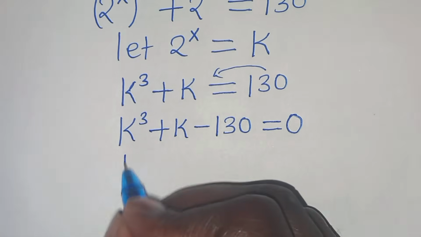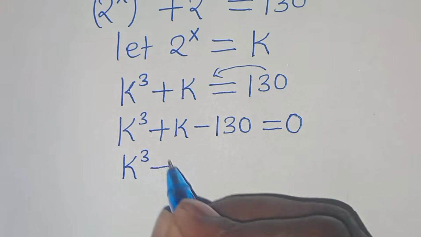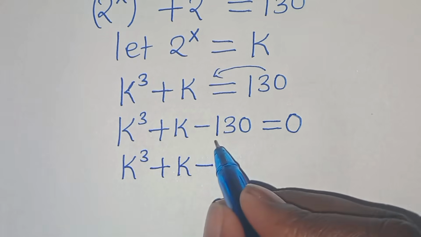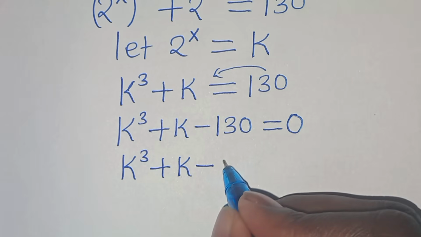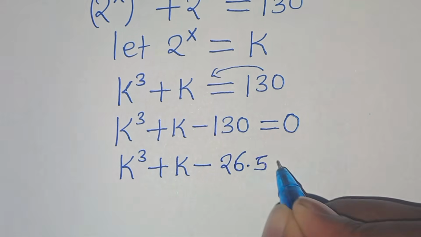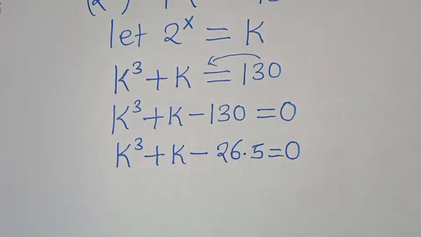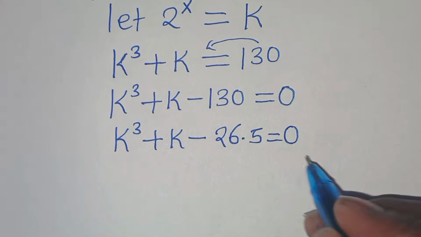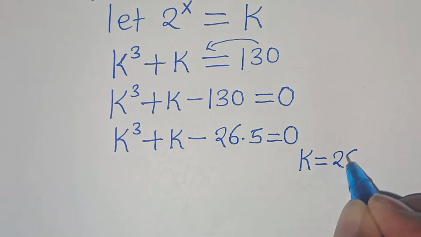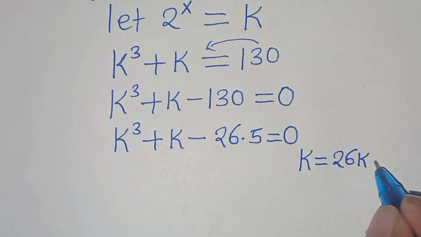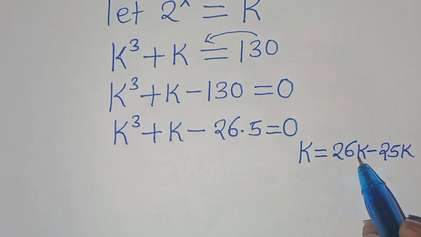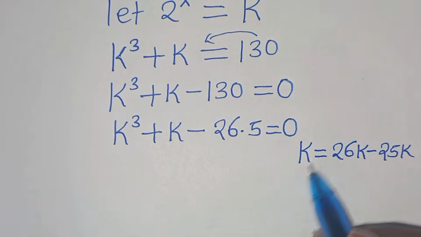Now we have k to the power of 3 plus k minus 130. We can express 130 as 26 multiplied by 5, and this is equal to 0. The next step is that we can express k. k is the same thing as 26k minus 25k. If you say 26k minus 25k, this is the same thing as k.